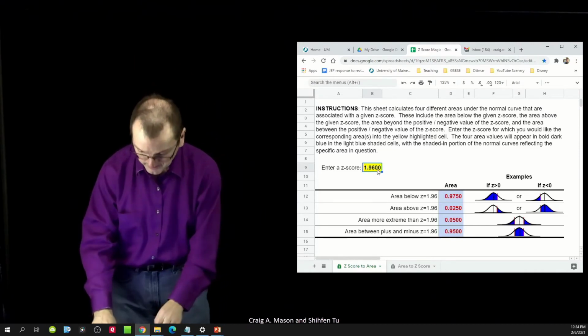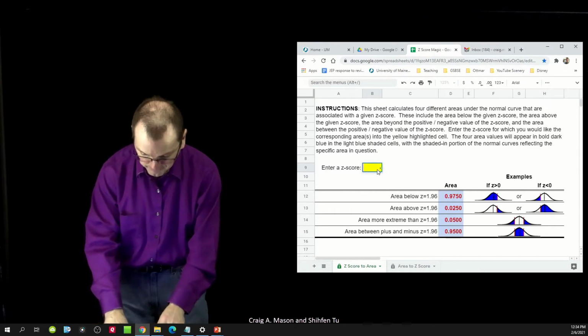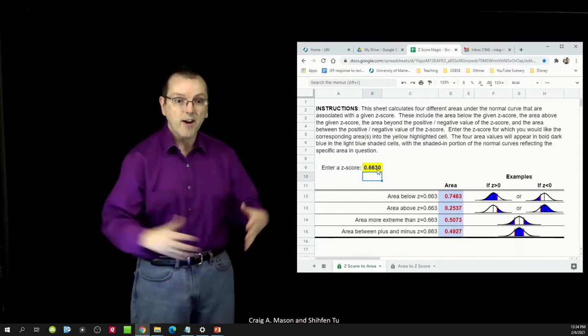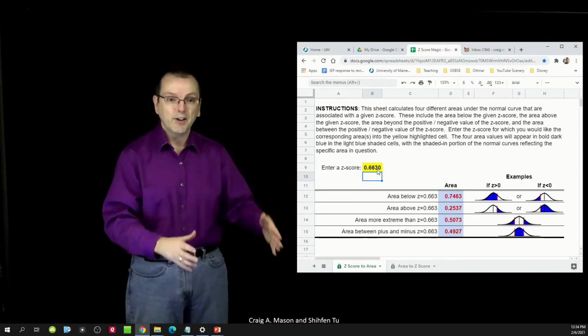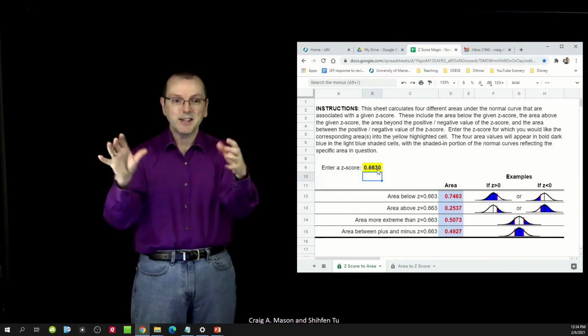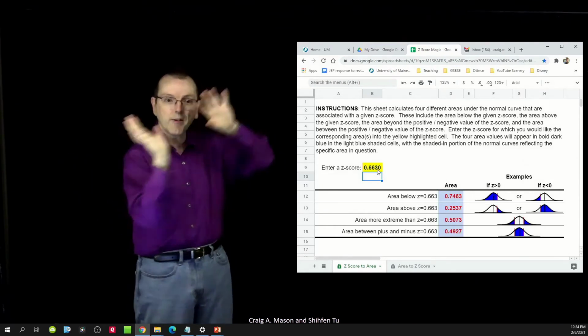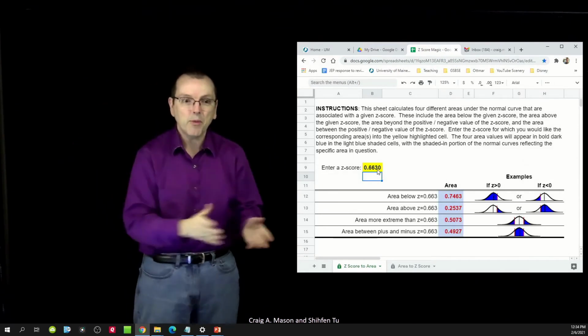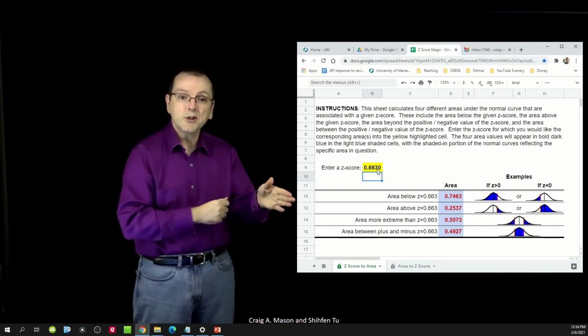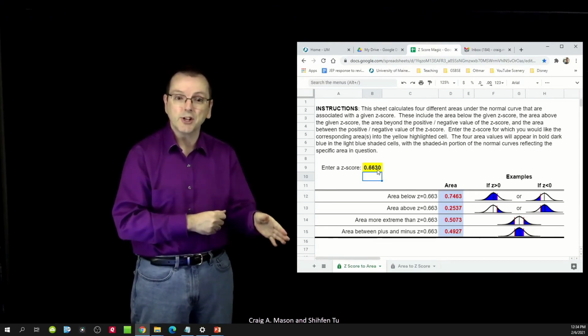You can plug in 0.663, and there's the areas. Stick with bottom to top: the area between plus and minus, the area that's more extreme, the area above that, the area below that. They're all there. So again, you need to know the nature of your question.